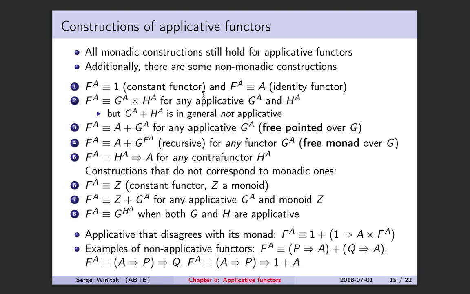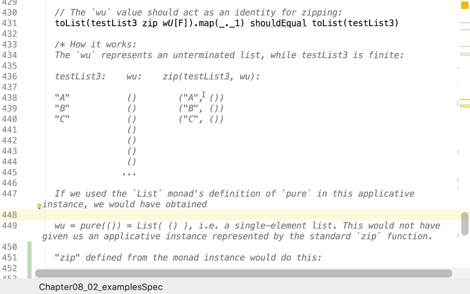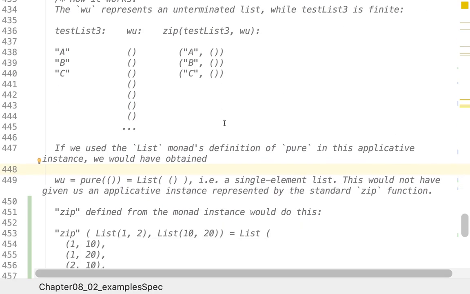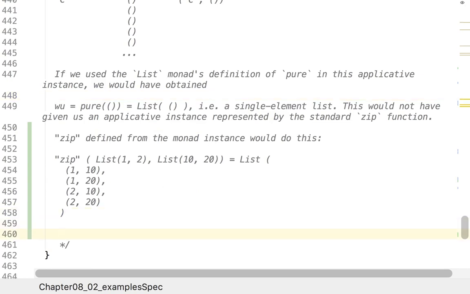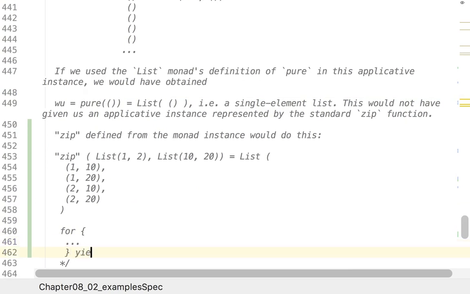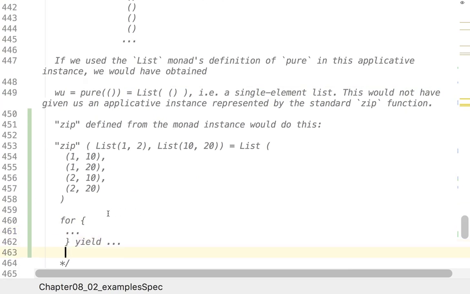And the reason that this disagreement might be troublesome is that if you defined, for example, code that has a for yield construction, then you might be able to simplify it using zip.